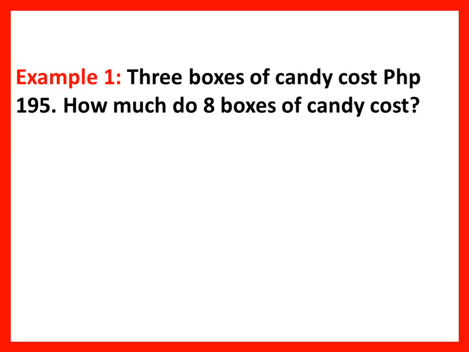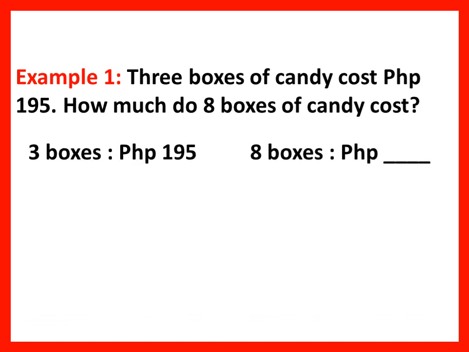Example number 1. 3 boxes of candy cost 195 pesos. How much do 8 boxes of candy cost? Okay, so in our given, the 3 boxes is 195 pesos. For 8 boxes, it is unknown. That is why it is blank pesos.